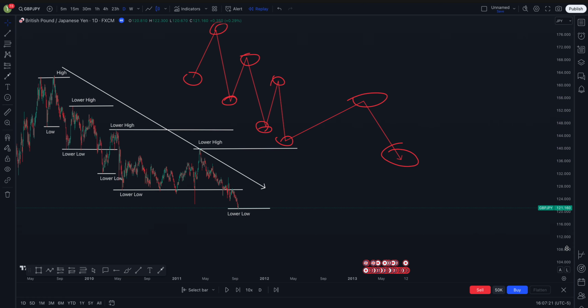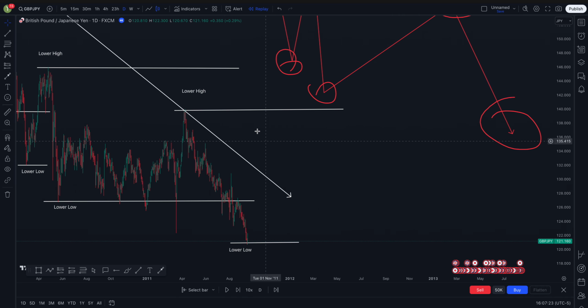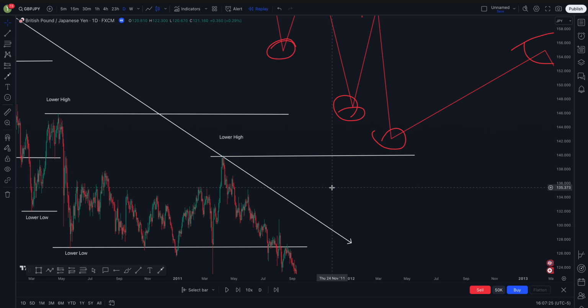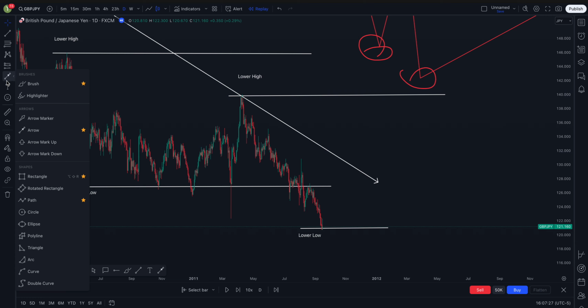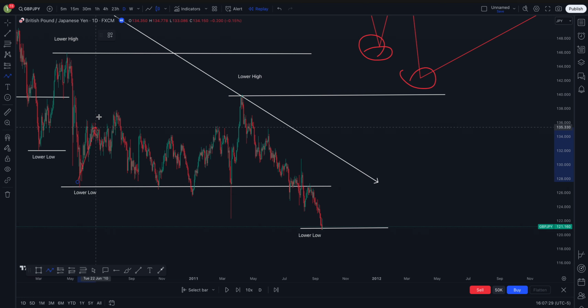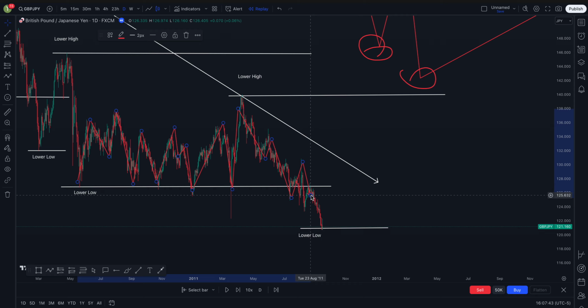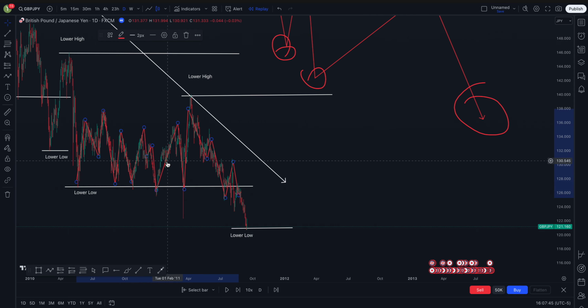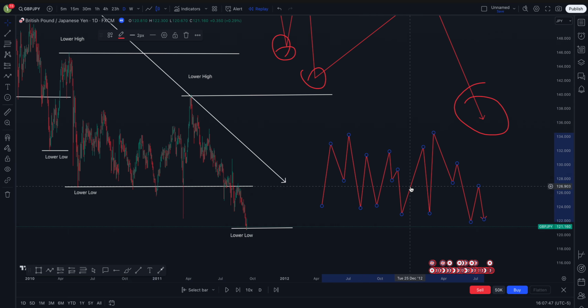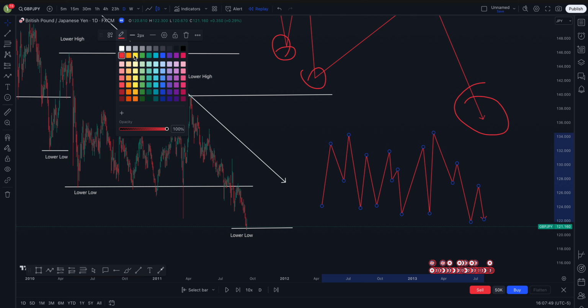And as we had seen earlier, in this area right here, where price is not moving in any clear direction, makes a high, higher low, higher high, lower high, like this movement right here, is what we call a consolidation. Let's put this in orange.